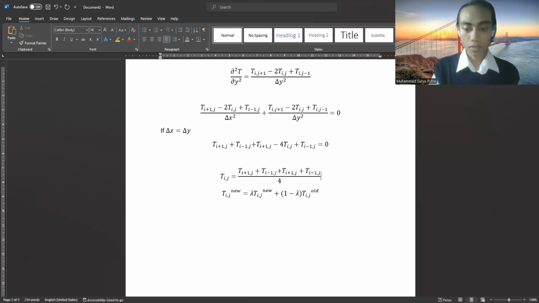For j is two, also two to n. So we need to insert the equations that we already got in the numerical analysis, because we already have this, the lambda, and not the lambda, this is the K of the thermal diffusion or the thermal conductivity.